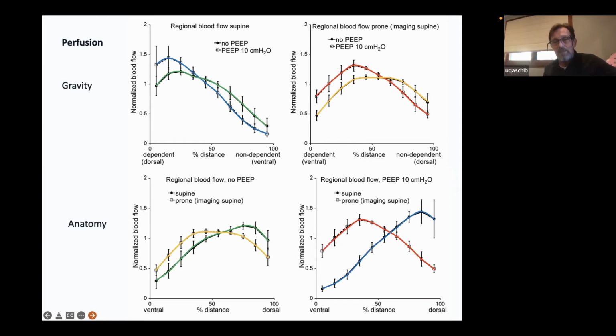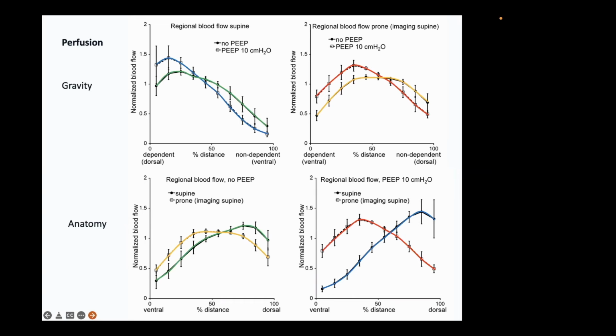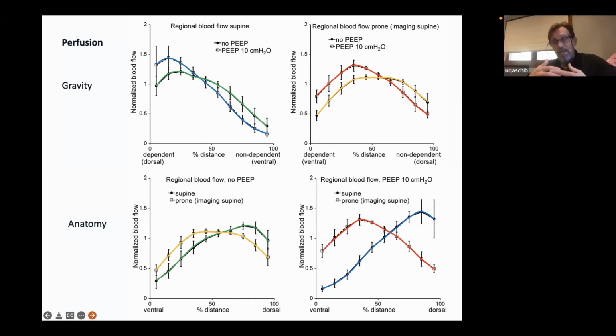At 0 PEEP, the perfusion is, I shouldn't call it homogeneous, but you see the effect that you get from 0 to 10 PEEP in prone position, and how the lung gets pushed down, in the dependent, ventral part of the lung. So the ventilation changes first, and the perfusion follows.